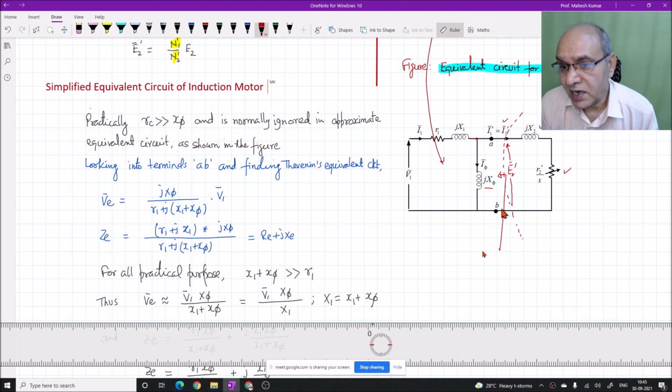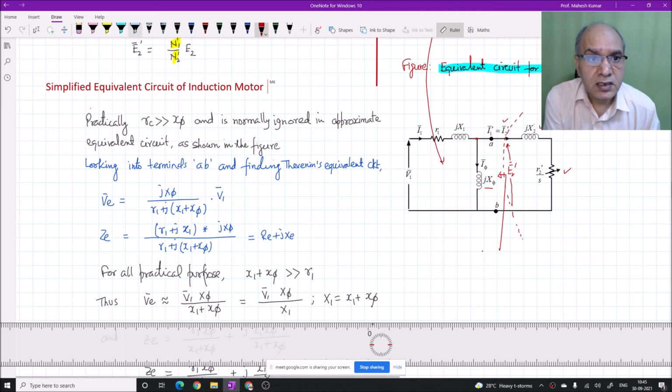A Thevenin circuit can be achieved by finding the equivalent voltage and the impedance. The equivalent voltage is the voltage across points A and B, and the equivalent impedance is the impedance across A and B when the voltage source is shorted.